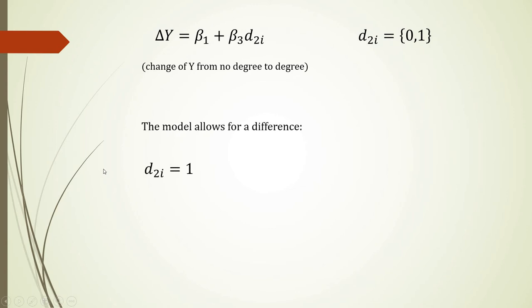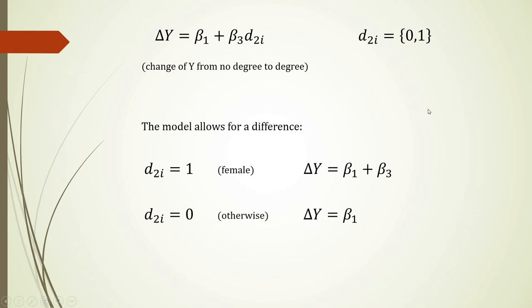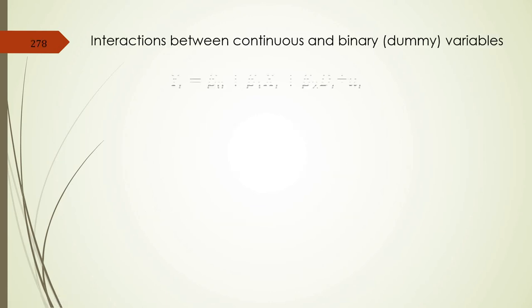The model allows for a difference: if D2 is 1, if it is a female, then changes in income will depend upon the coefficients beta 1 and beta 3. Otherwise, changes in y will depend only upon beta 1, because D2 will be 0, so we lose the beta 3 coefficient. This is very important when you are commenting on these values.